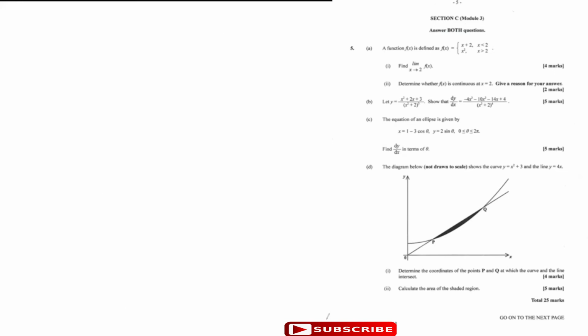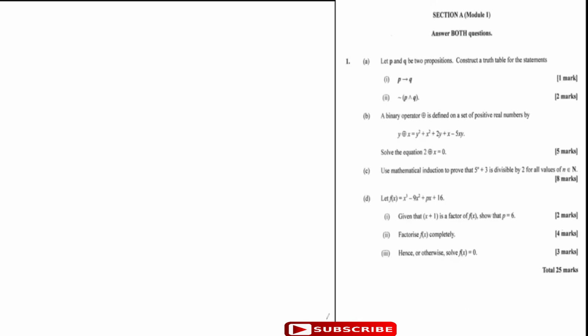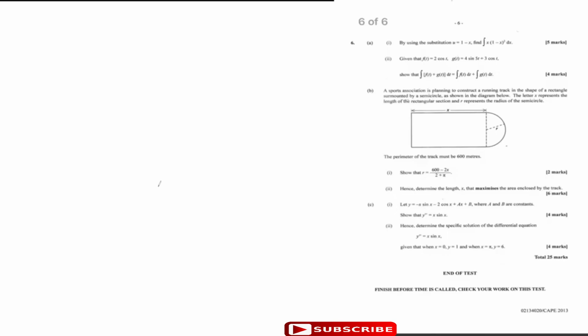And the final question of the paper, we have right here, question number 6. It says that by using the substitution u is 1 minus x, integrate x times (1 minus x) squared.